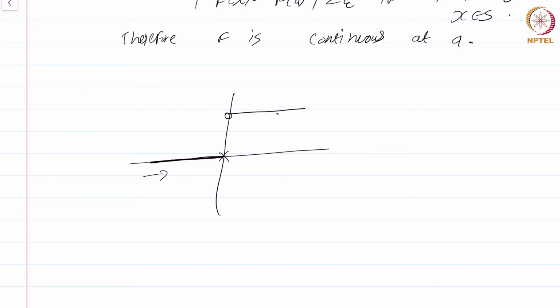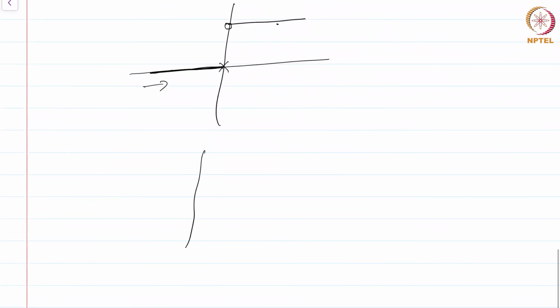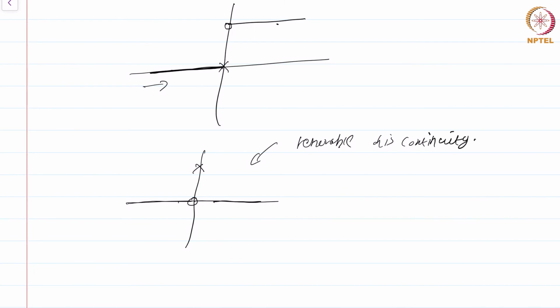Okay, more interestingly, you consider this example: 0 here, 0 here, but 1 here. Then both the left hand limit and the right hand limit will both exist, but not be equal to the functional value at the point. Such a thing is sort of a removable discontinuity. What I mean by that is, you can make this function continuous by redefining the function at that one point a.